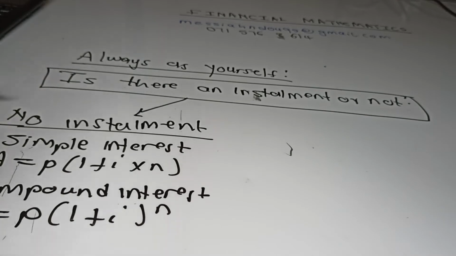So these are the two formulas we consider if we figure out that no installment has been made.